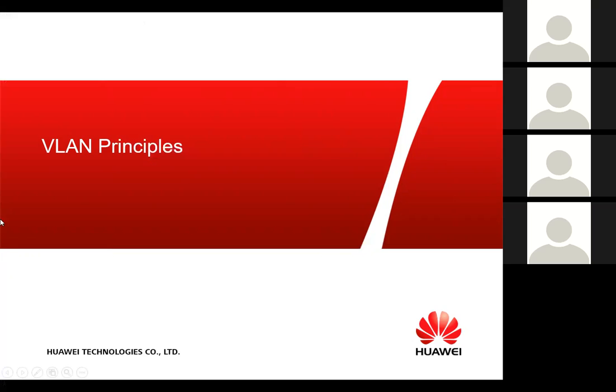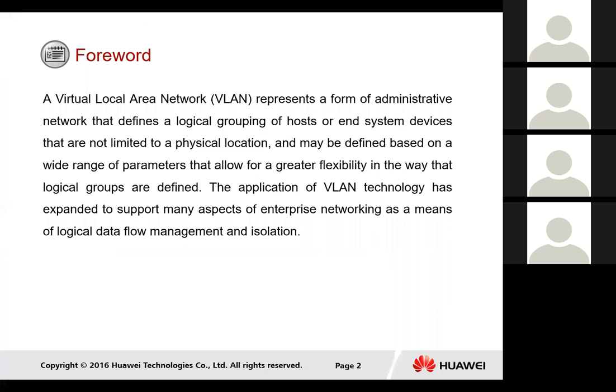VLAN principle. Based on the VLAN principle here, I think all of you should know what VLAN means. VLAN is actually called a virtual local area network. A virtual local area network represents a form of administrative network that defines logical grouping. On normal switches, without any VLAN defined, they are considered a single broadcast domain.